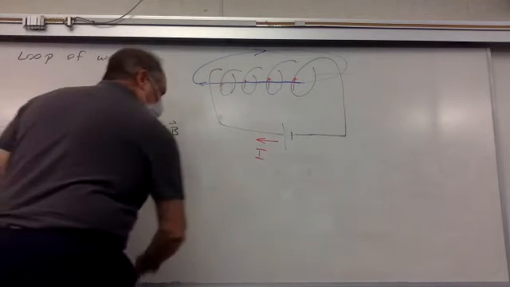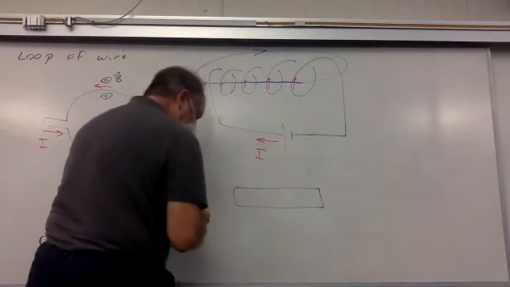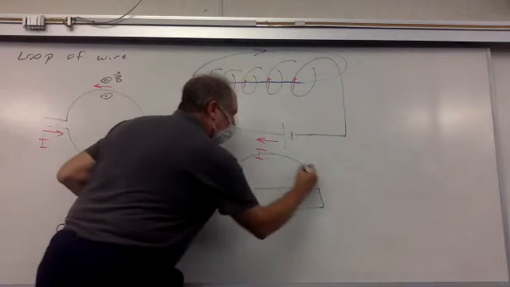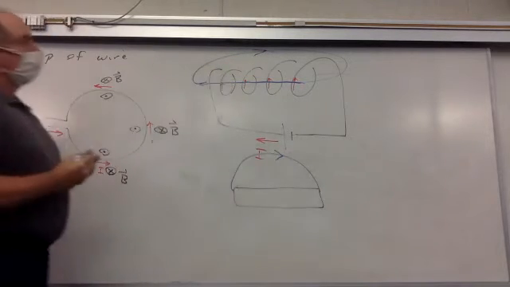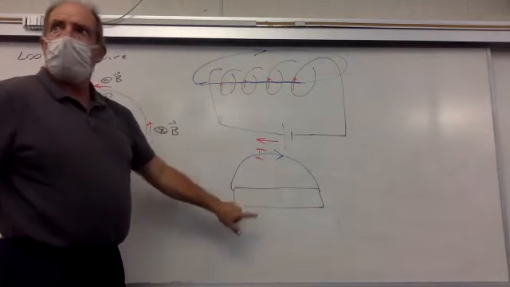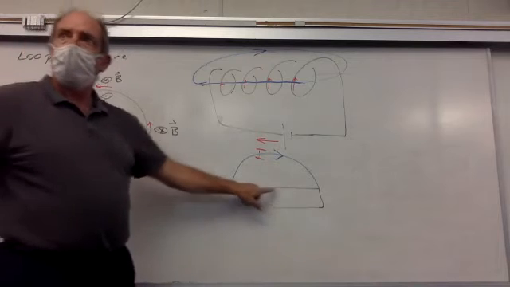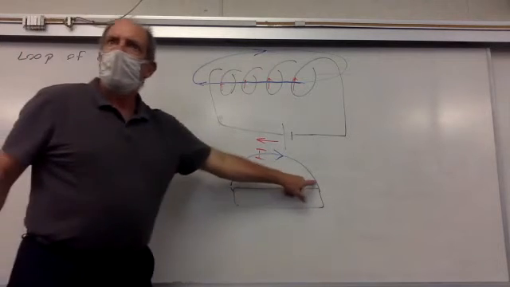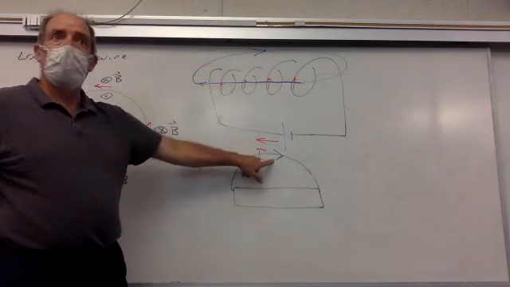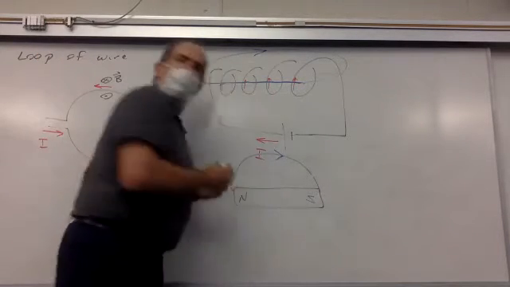Okay, now, if I had a bar magnet with a field line that did this, what are the poles of the magnet? Which one's north and which one's south? If I have a field line that looks like this. The left one is north and the right one is south.